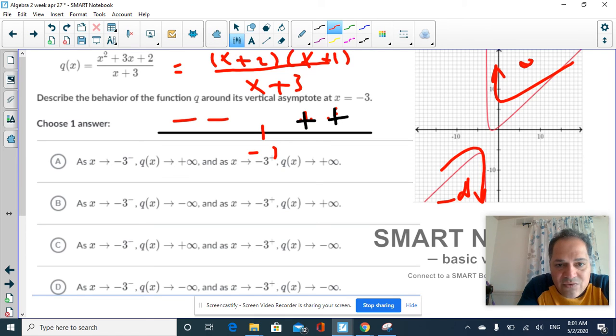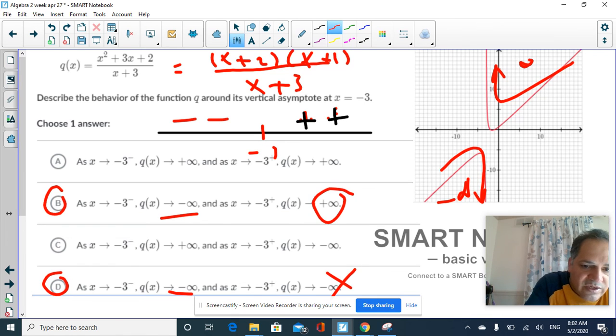It's the same as what we did algebraically. So at x equals -3, from the negative direction it is negative, and from right it approaches positive. So this one is correct, this is wrong.